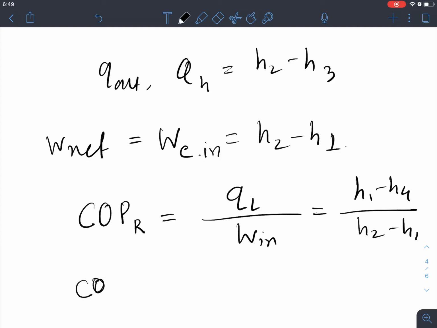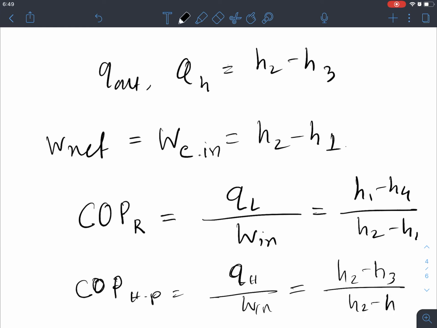Similarly, if we have a heat pump instead of a refrigerator, the COP of the heat pump would be QH divided by W in, and that would be H2 minus H3 divided by H2 minus H1. So we know the coefficient of performance. Again guys, we are not going to use the efficiency term anymore in this chapter, so we'll use this coefficient of performance.